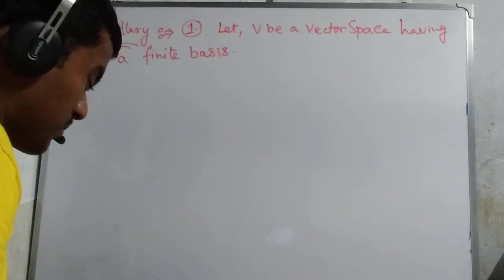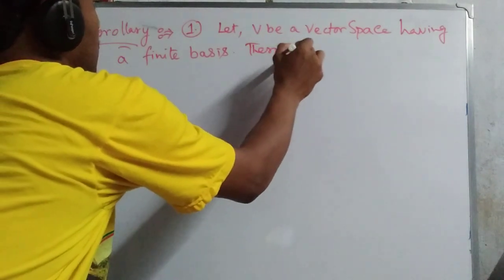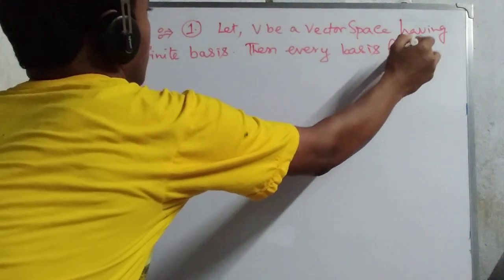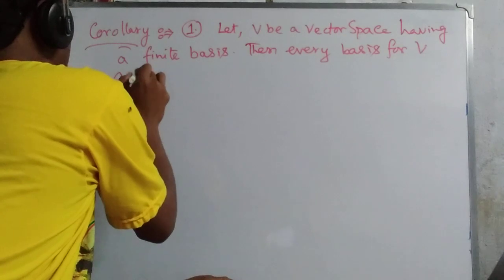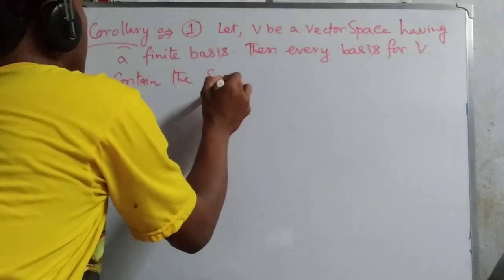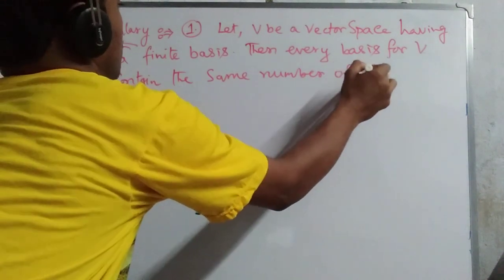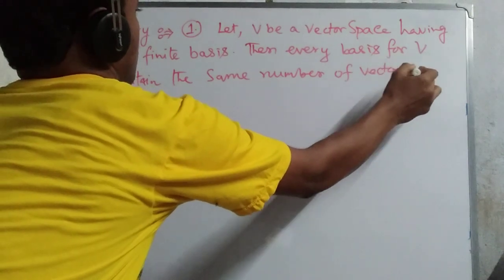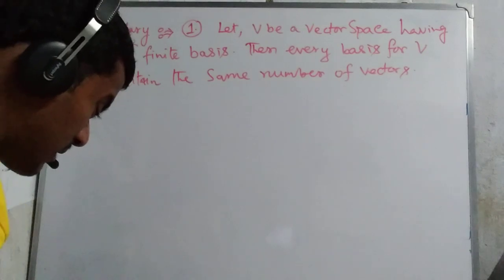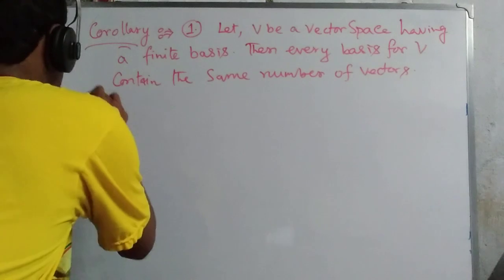Then every basis for V contains the same number of vectors. Now we write here proof.